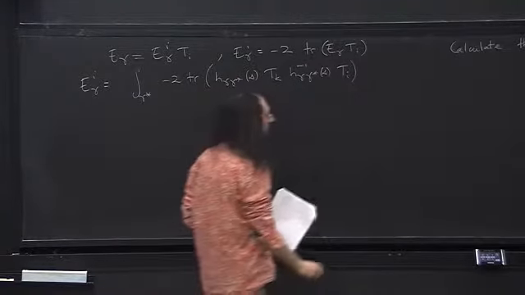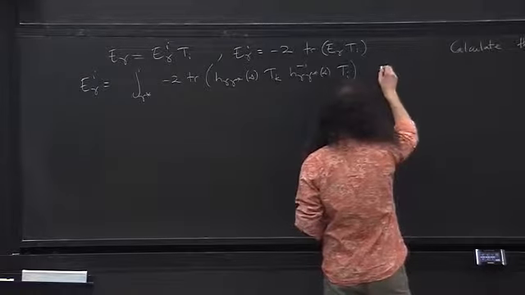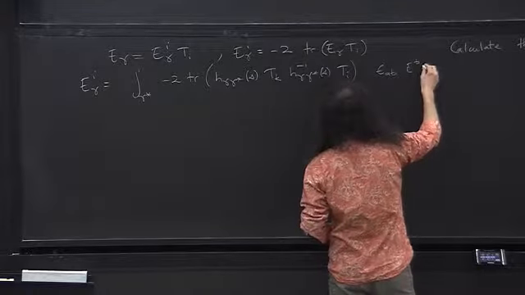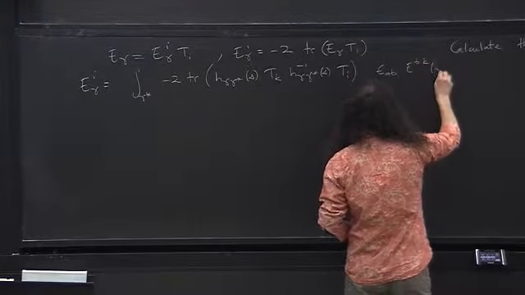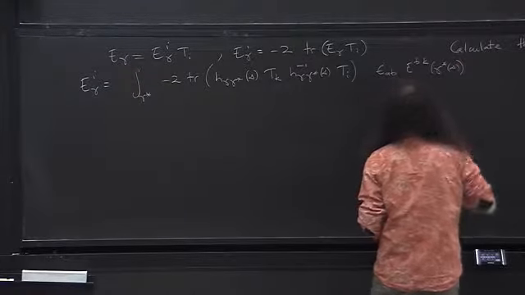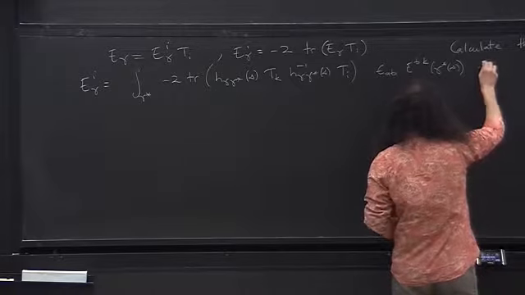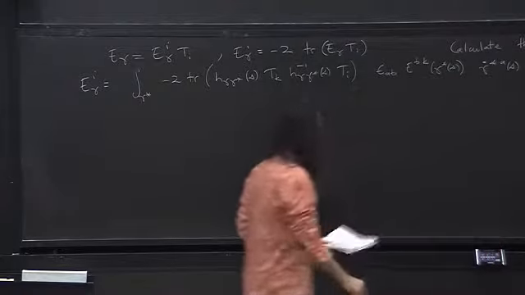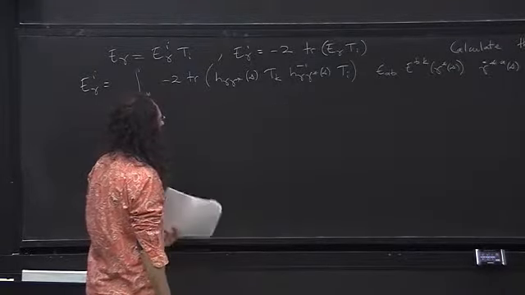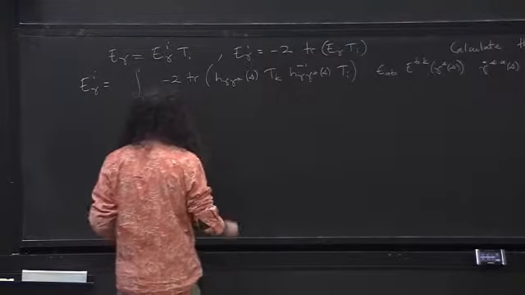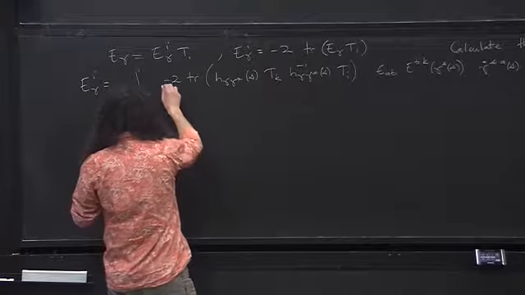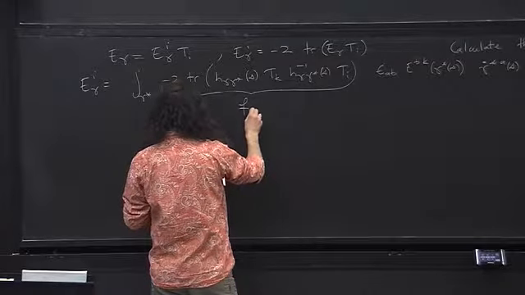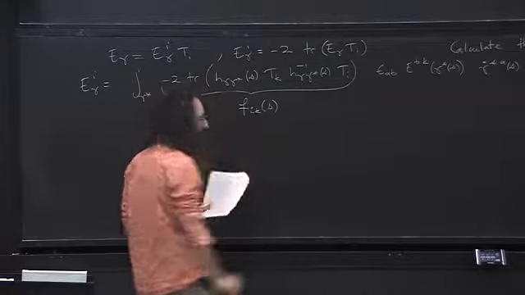So that's my trace. And then epsilon AB E B K gamma star S. And this, we're going to call F I K of S.